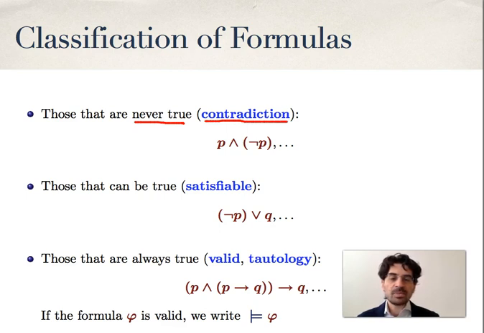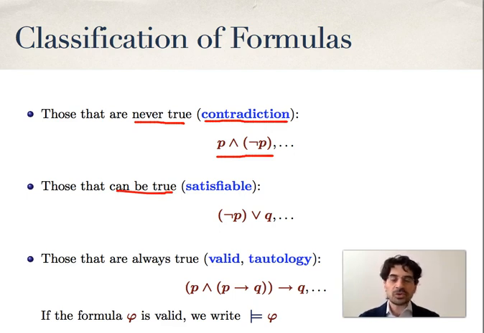An example is P and not P. This is a contradiction when you say P and then you say not P. If you write down the truth table for this formula, you will discover that relative to all valuations, this formula will always have truth value 0. So formulas that are never true, formulas that always have truth value 0, no matter the valuation you consider, are known as contradictions.